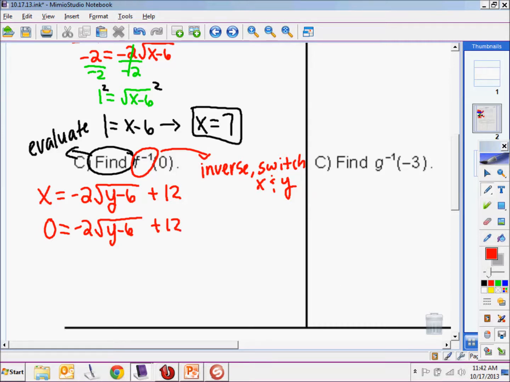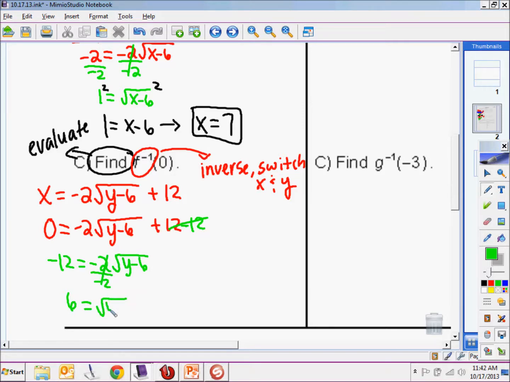So what are we going to do? In this problem, I subtract 12. When I subtract 12, I end up with negative 12 equals negative 2 times the square root of y minus 6. Now what do I do? Divide by negative 2, right? When I divide by negative 2, I end up with a positive 6 because negative 12 divided by negative 2 is positive 6.